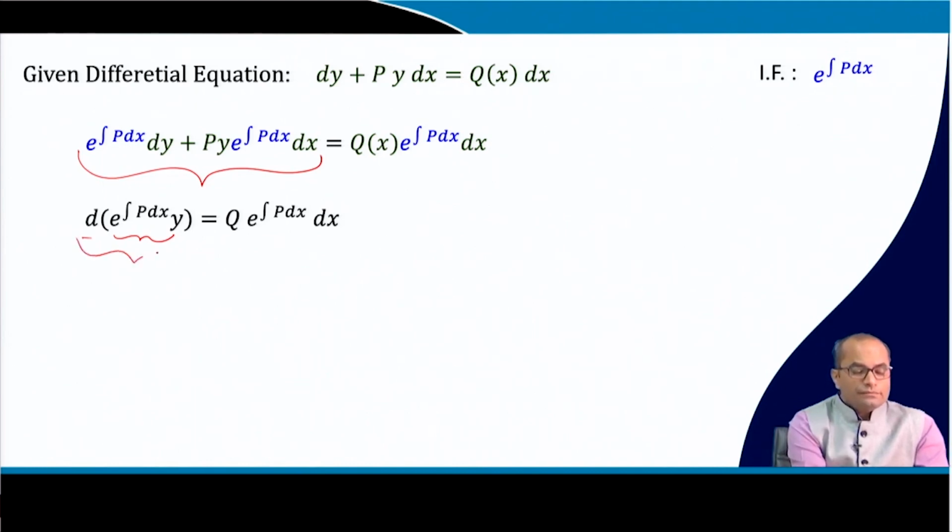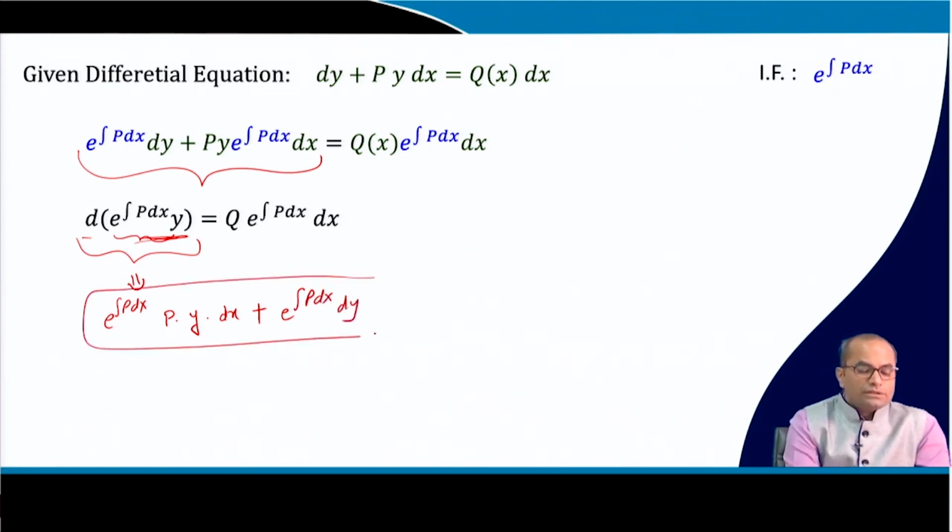If we expand this differential, we need to partially differentiate with respect to x, that means e to the power integral p dx, and then the derivative of this integral p dx, which will be p, and then we have y as it is, and we have dx, plus the partial differentiation of this term with respect to y, which will be e to the power integral p dx, and then we have dy.